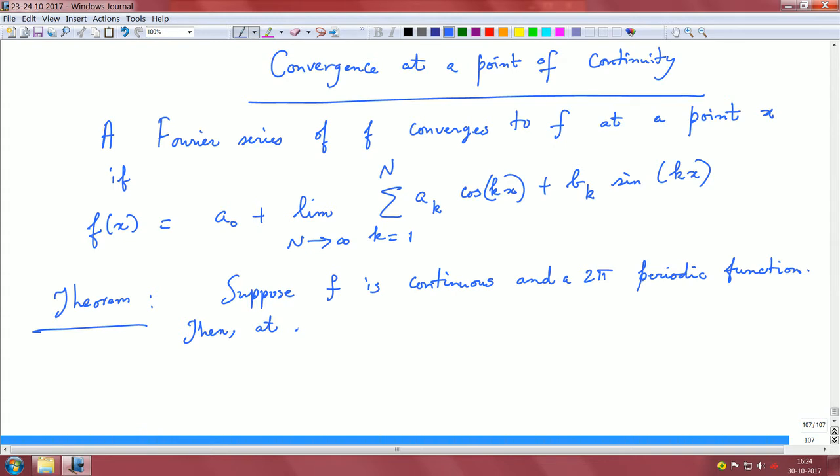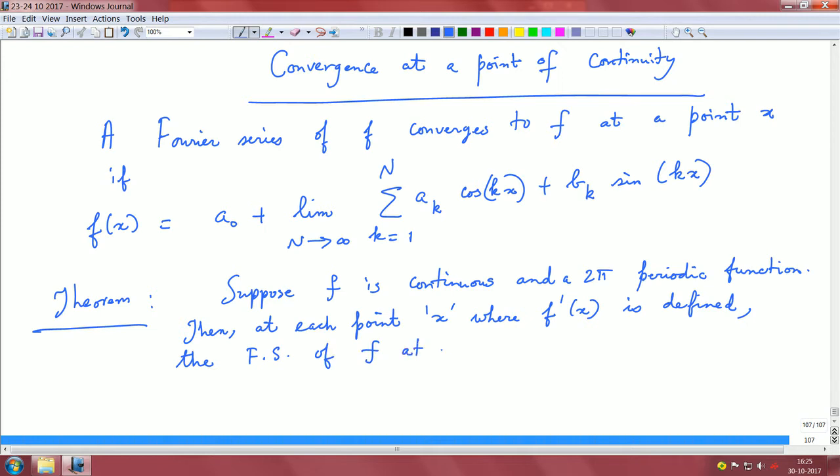Then at each point x where f dash of x, that is the derivative, is defined, the Fourier series of f at x converges to f of x.